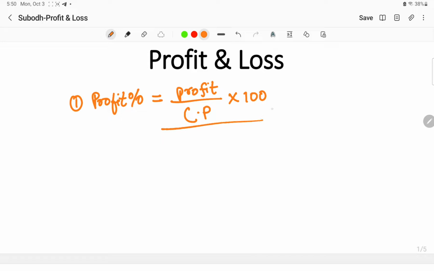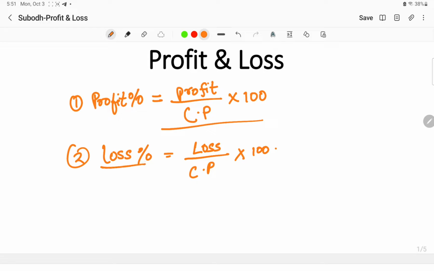So this is how you get the profit percentage. And for loss percentage, loss upon cost price into 100. So this is loss percentage and this is profit percentage. These two are the important things that you have to keep in mind.